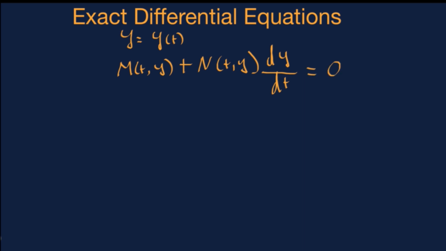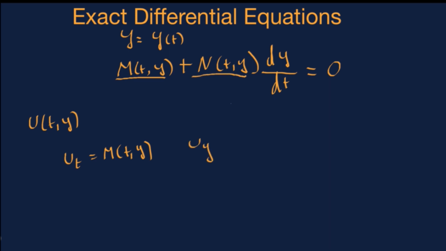And let's say that there is some special function out there, and let's call it u of t and y. When you take its partial derivative with respect to t, you get this function m of t and y from the equation. And when you take its partial derivative with respect to y, you get the other function in the equation, n of t and y.